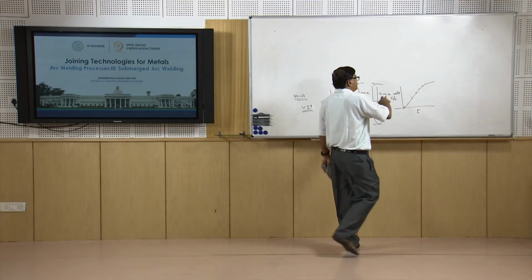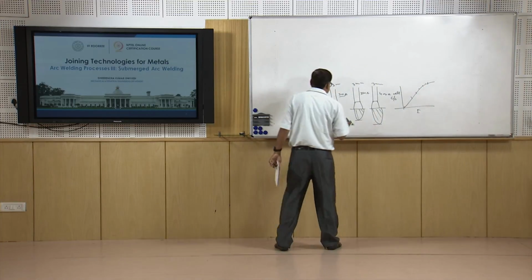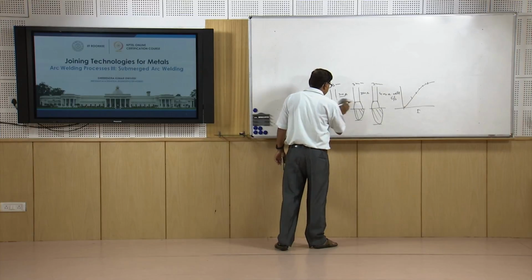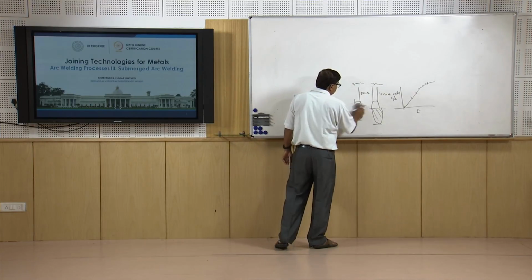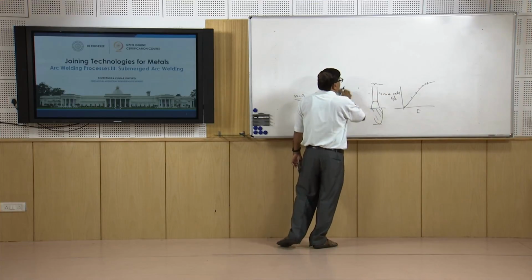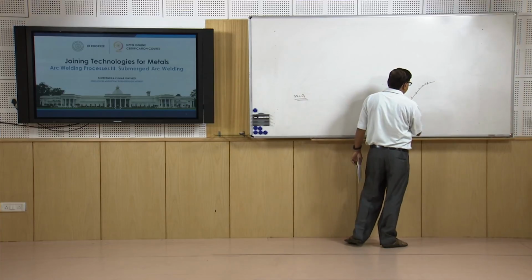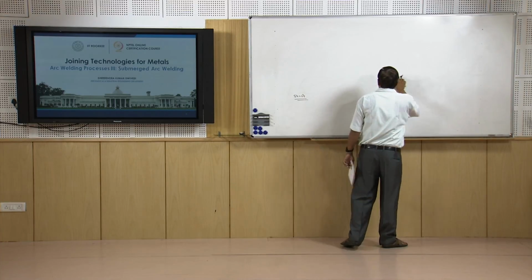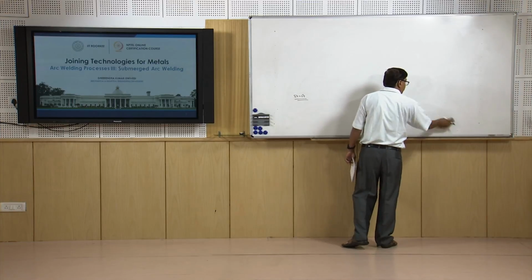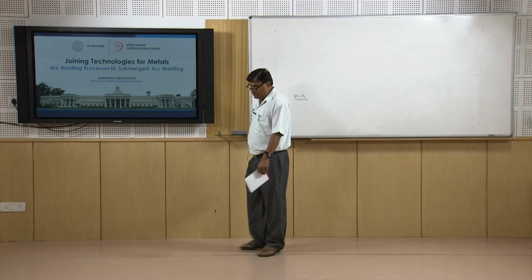But it starts getting saturated after reaching certain limits. So, it is always good to select the proper combination of welding current, welding speed, voltage and electrode. The appropriate selection of these parameters will help us in achieving the proper weld geometry.